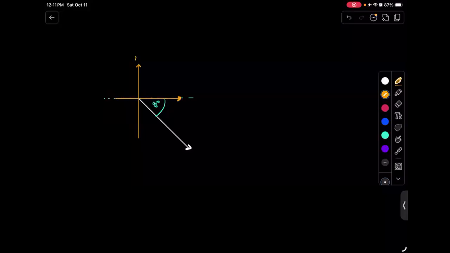This is north, this is east, and this is south. So this is somewhere between east and south, right? You could say that it's going a little bit to the right and a little bit downwards. When you combine them, you get this angled vector at 45 degrees.